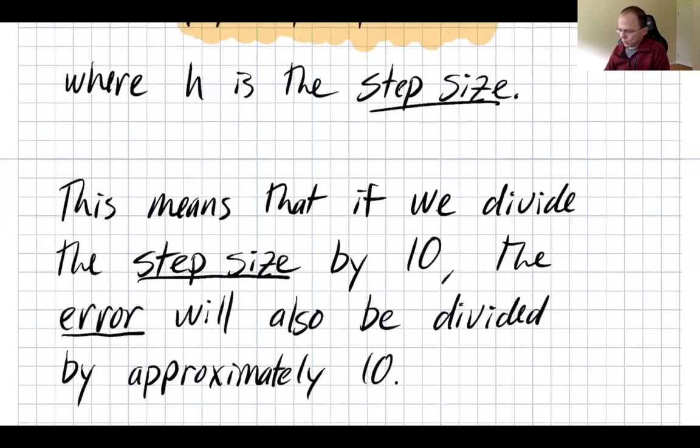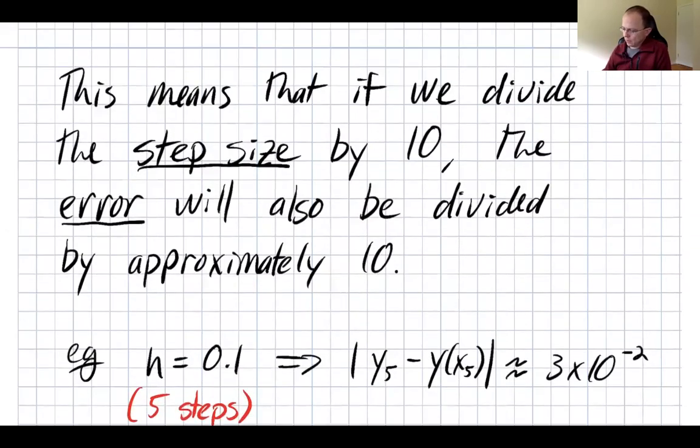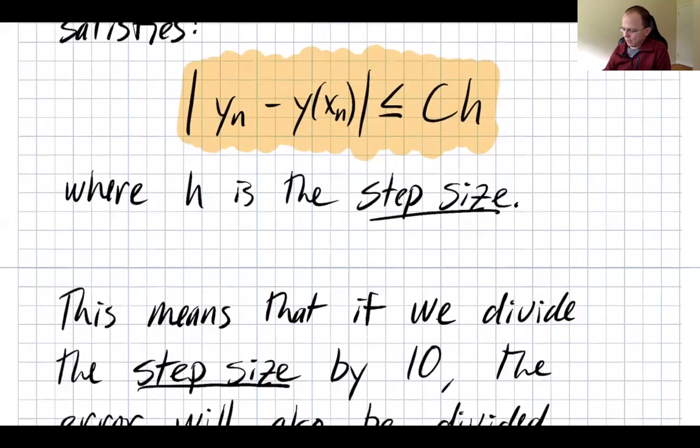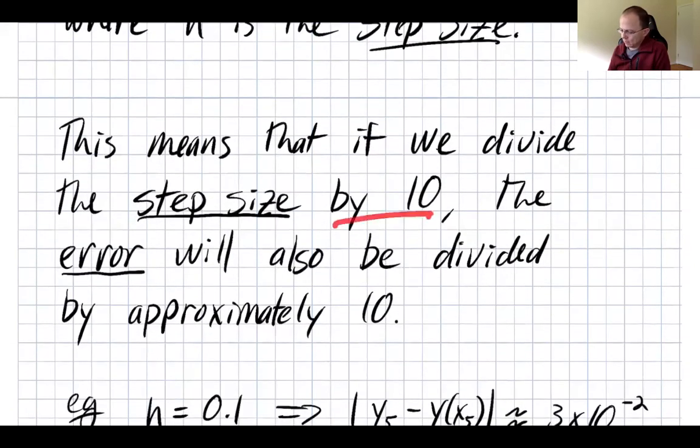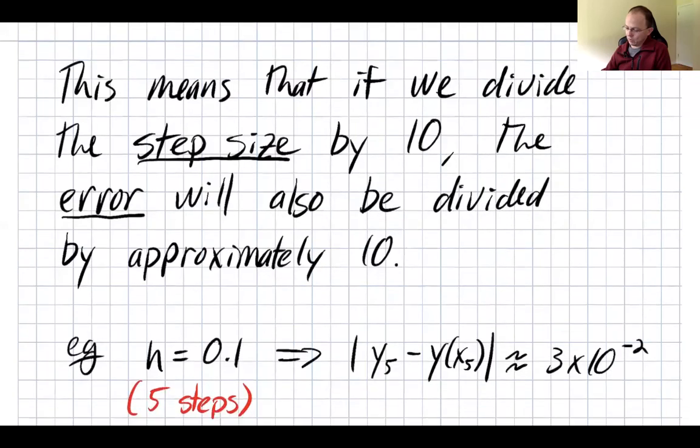Okay, so this inequality here means that if we divide the step size by 10, then the error will also be divided by approximately 10, right? Maybe not exactly 10, but approximately 10. And that sounds really good, right?